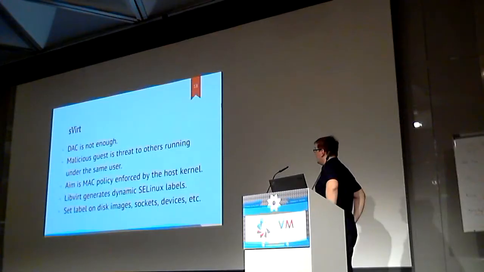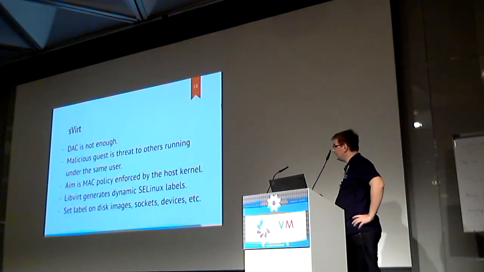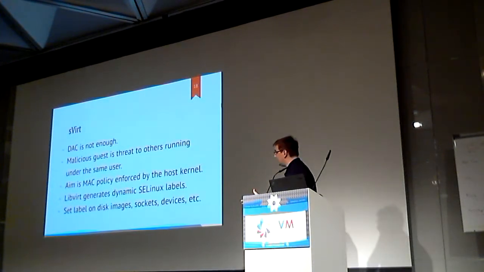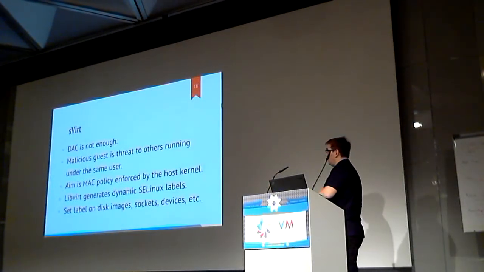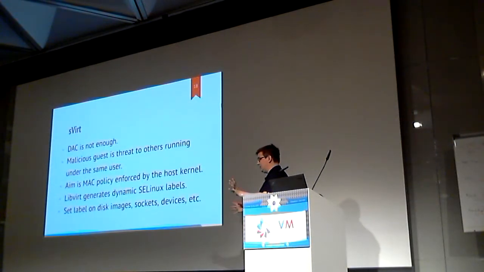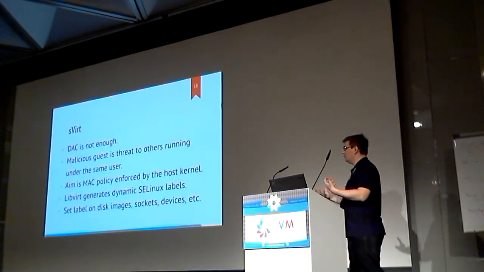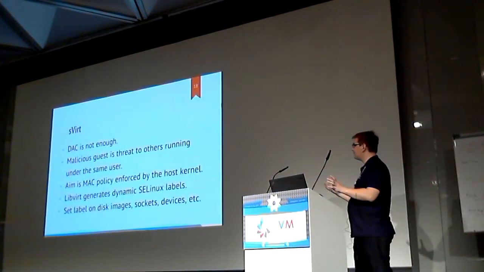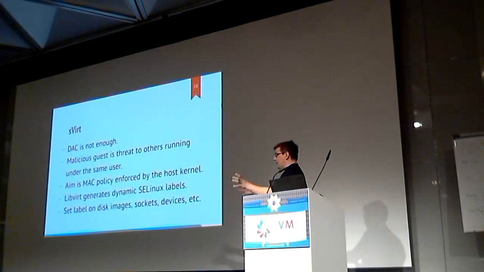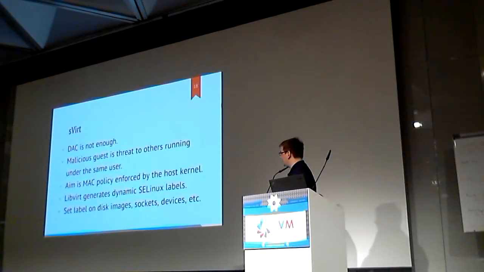One of the major points when doing virtualization is that previously, before virtualization, discretionary access control was enough because systems were typically physically separated. But nowadays, you often have several domains running on the same system, and usually running under the same user as well.